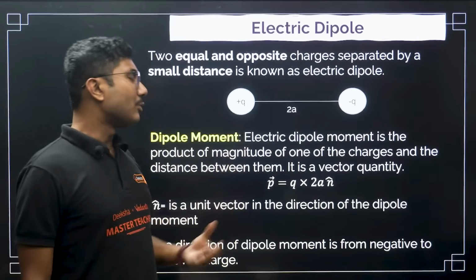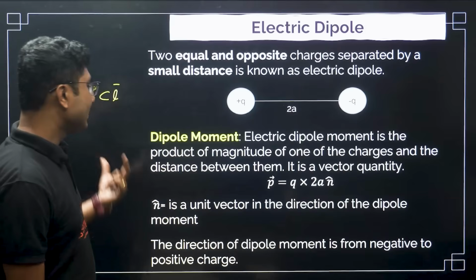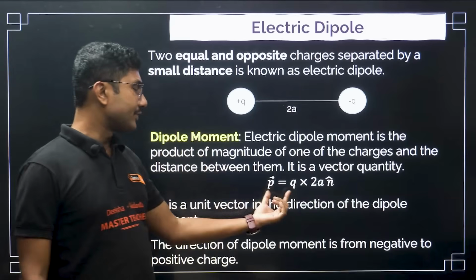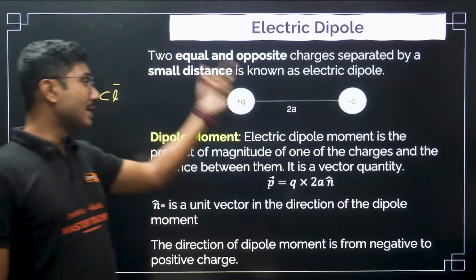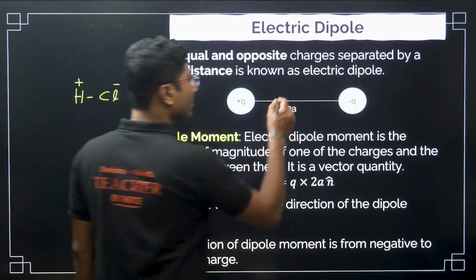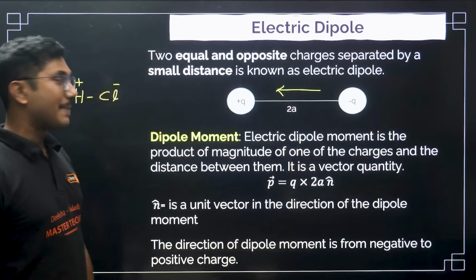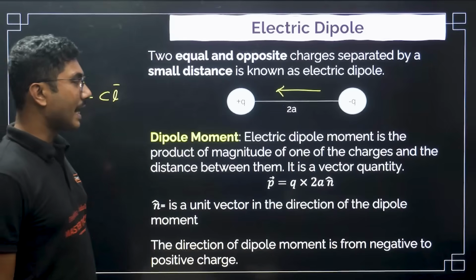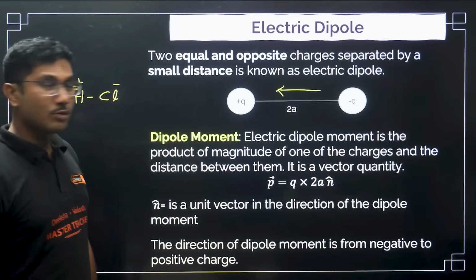So electric dipole moment is the product of the magnitude of any one of the charges and the distance between them, which is given by P equals Q into 2a n cap. Here it is a vector quantity. What is the direction of the vector? The direction of the vector is from negative to positive. So n cap is basically a unit vector in the direction of the dipole moment, from negative to positive charge.